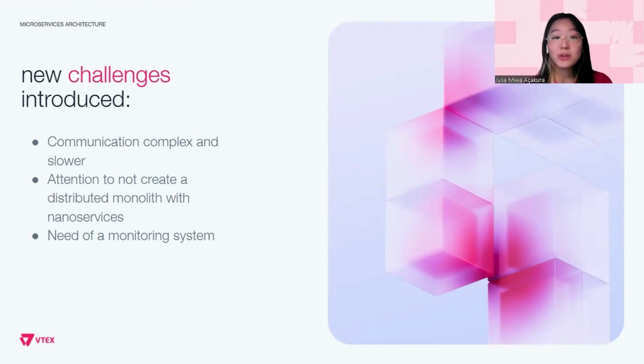You have to be careful also when separating the services and their sizes, because a common mistake is to make services too small, known as nanoservices. This can work for some services, but we should also always be careful not to make services that depend too much on each other.